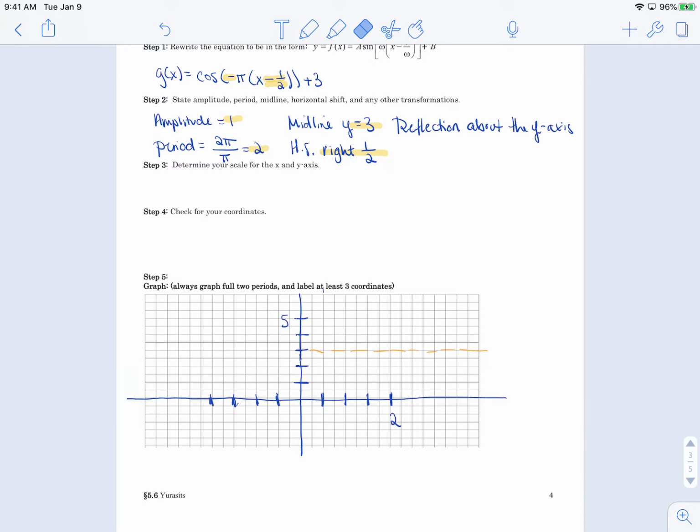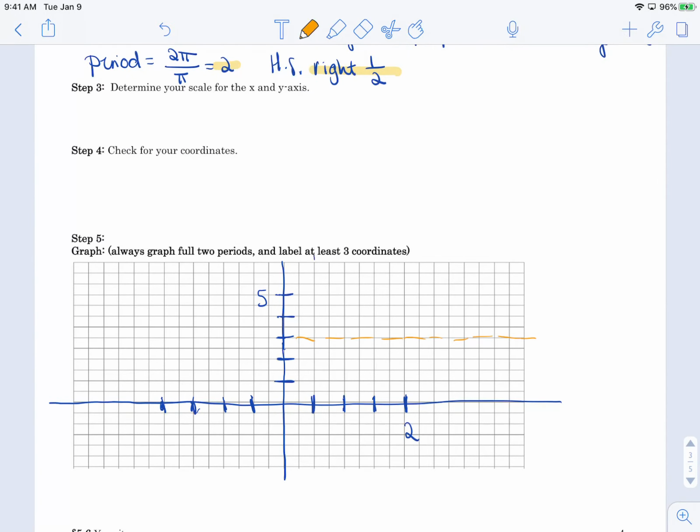I need to make this bigger. All right, I'm going to go here. I'm also going to plot my shift. So we went right 1/2, which would be here, because this is really going to help me with that reflection piece. Again, these are not part of your graph. They just help me to graph.